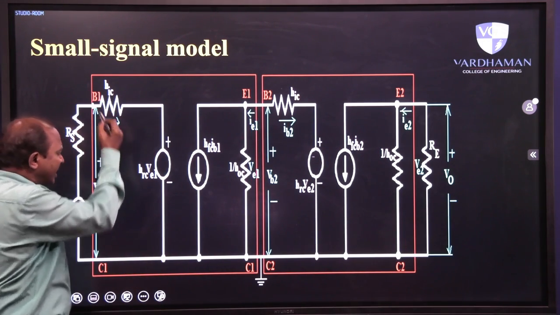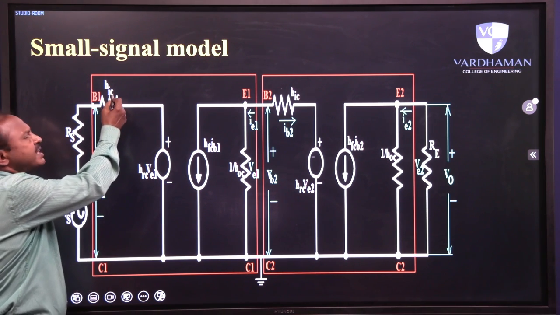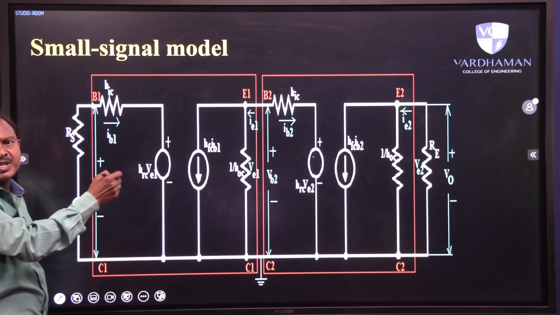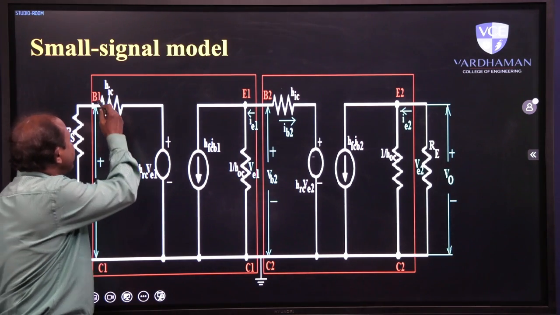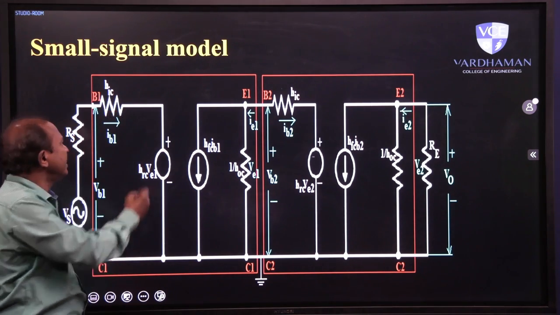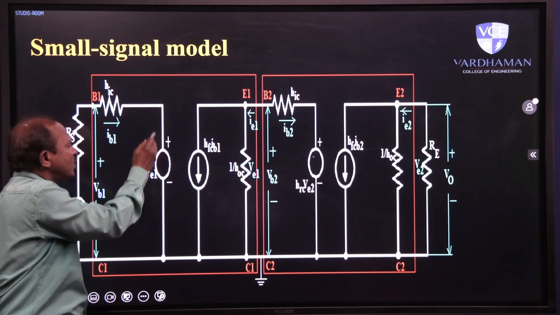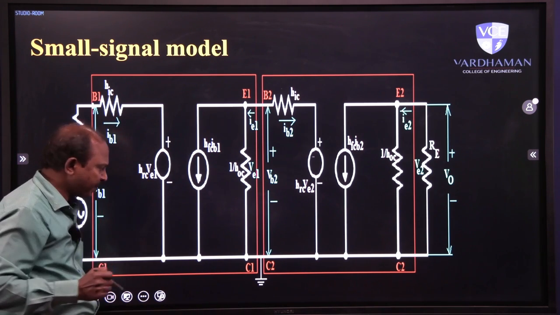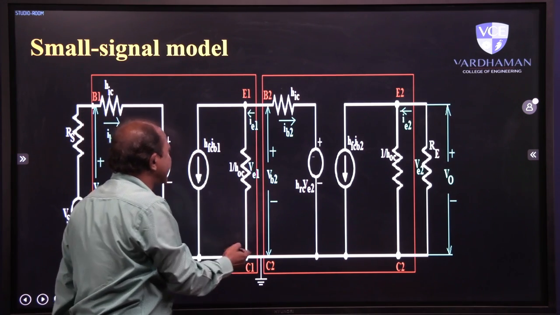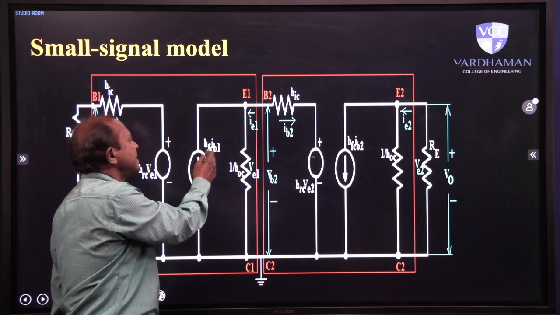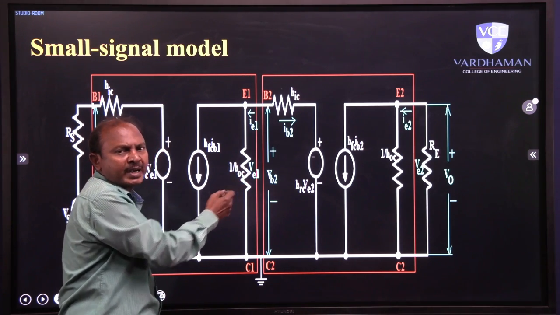Between B1 and collector 1, HIC, because the first transistor is operated in common collector mode. Therefore, between B1 and C1, HIC and HRC VE1 is the equivalent circuit at the input side. Then coming to the output side, between emitter and collector, one current source HFC IB1 and 1 by HOC is the output admittance.